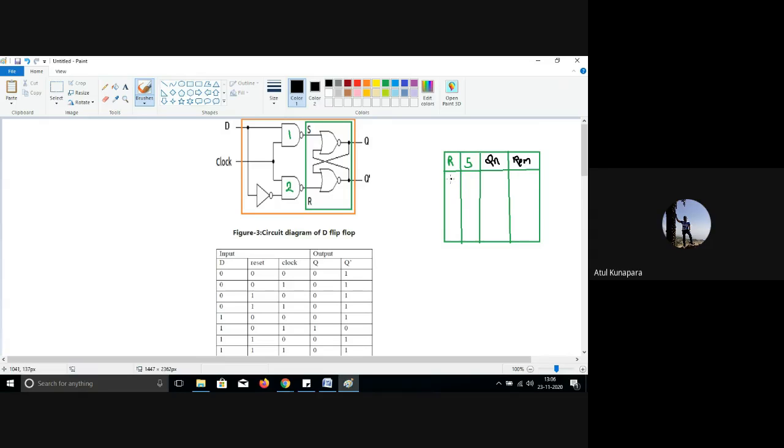When R is equal to 0 and S is equal to 0, we get Qn minus 1, that is the last output. So you are getting no change here. That is what we call no change. When R equal to 1 and S equal to 0, your output is going to be 0, and that is the reset condition.